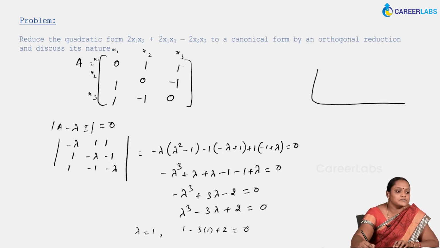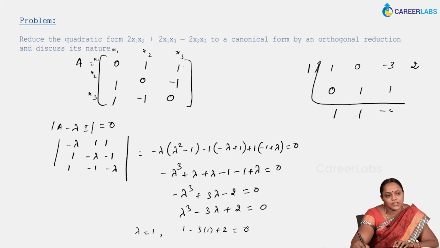So, writing all the coefficients in order, lambda cube the coefficient is 1, there is no lambda square term, it is 0. For lambda it is minus 3 and for the next term it is 2. We already found that lambda equal to 1 is one root, so we are going to divide with the help of this one. So, starts with 1, 0 plus 1 will be 1, 1 into 1 will be 1, minus 3 plus 1 will be minus 2, 1 into minus 2 will be minus 2, so the remainder is 0.